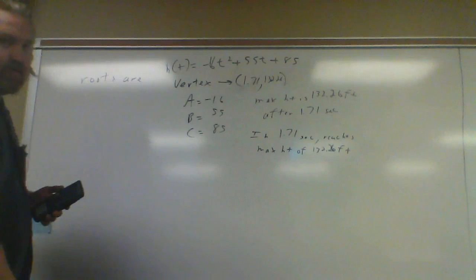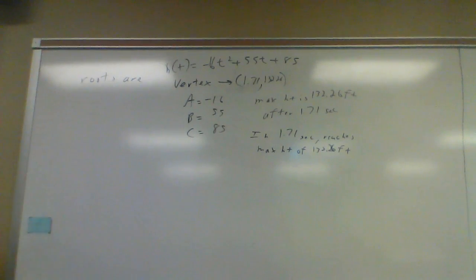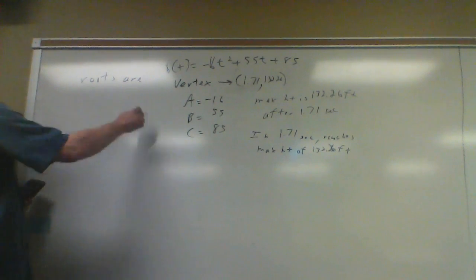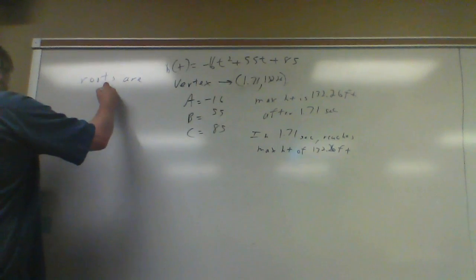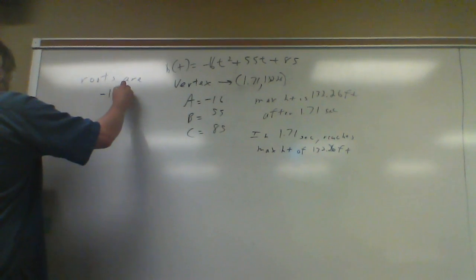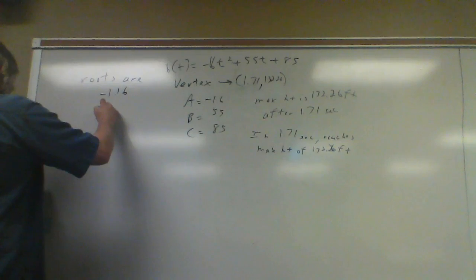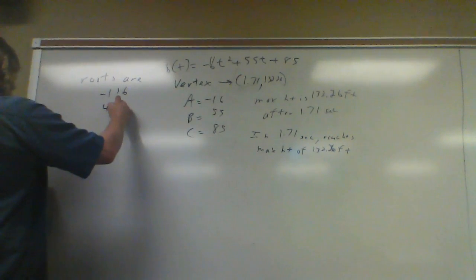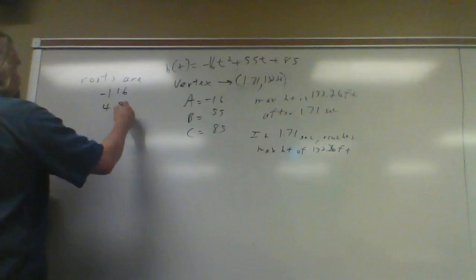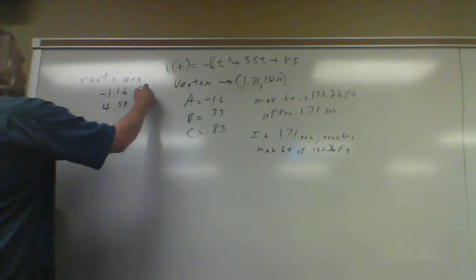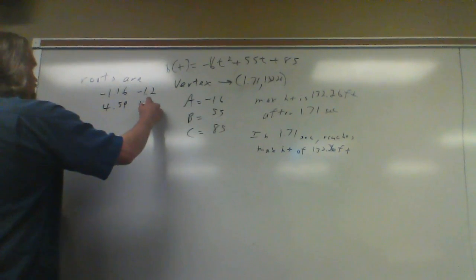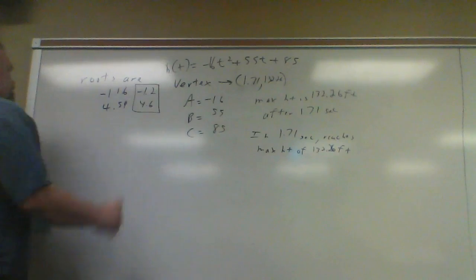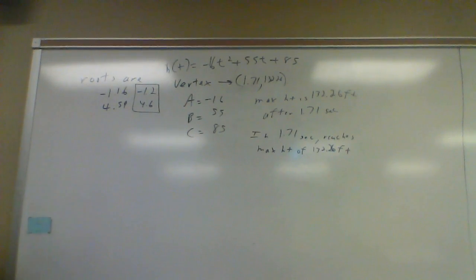And here we're going to do some hypothesizing. Everyone should have gotten negative 1.16 and 4.59. Let's just make it negative 1.2 and 4.6. Is that what everybody got?